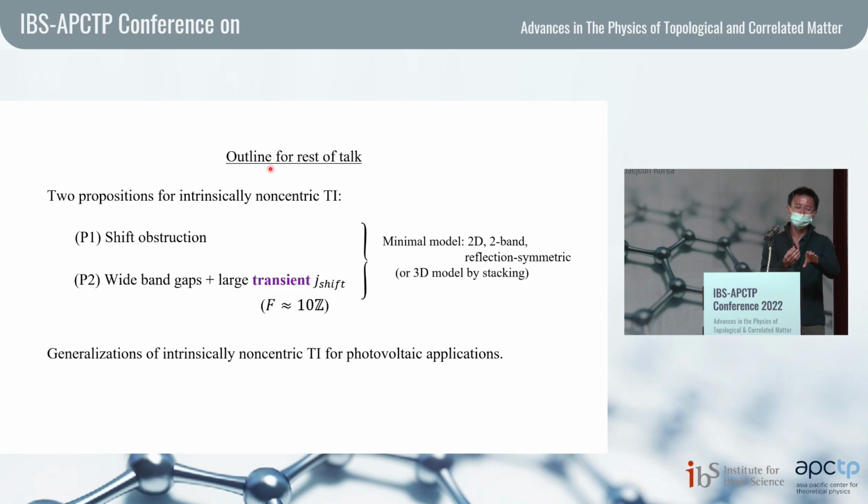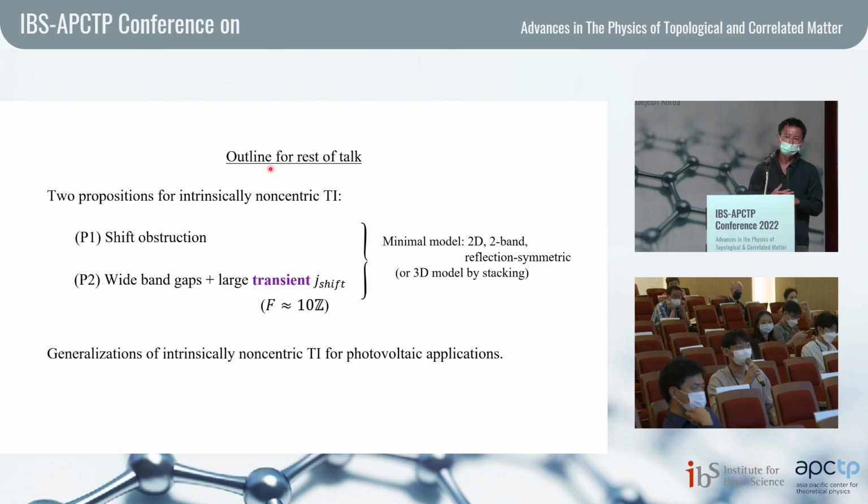So nothing prevents you from that situation. So by insisting on topology that is intrinsically non-centric, we can rule out this scenario. So in systems without central symmetry, there could be a large shift current, but then it would not have a topological explanation. Oh, okay, I see. Thanks.